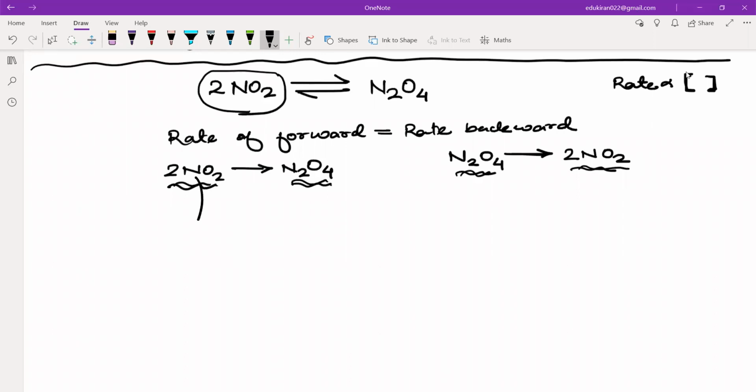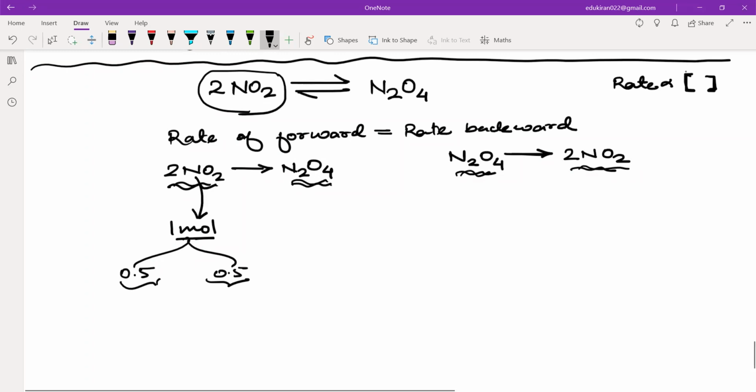Now, whatever is the concentration of NO2, let us say we have 1 mole of NO2. Then what will happen? 0.5 mole from here and 0.5 mole from here, they will react with each other. Yes or no, guys? Yes, sir. 0.5 mole and 0.5 mole are reacting with each other.